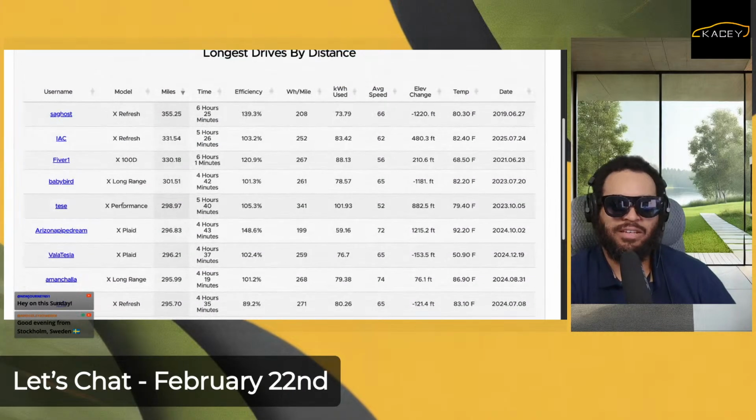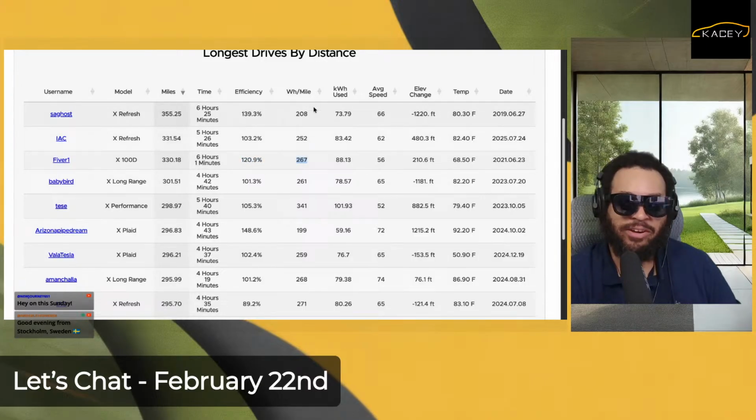Yeah, so everybody's just got a better car than me to be that much longer than me. X100D is my class, but it doesn't have the large rear motor. Goodness gracious, they were doing 6 hours and like, ooh, I couldn't do that. I mean, I guess I could do that. I wouldn't want to do that 6 hours straight. 6 hours and 1 minute, 120.9% efficiency.